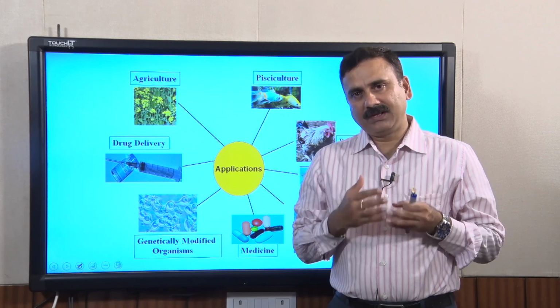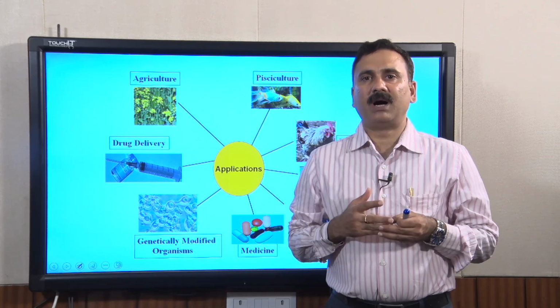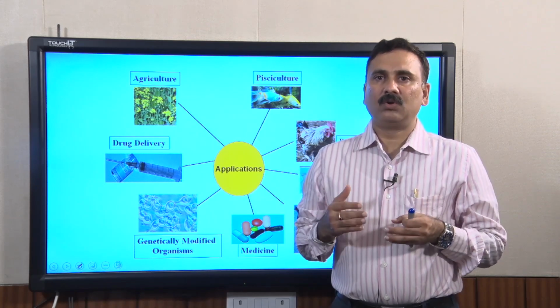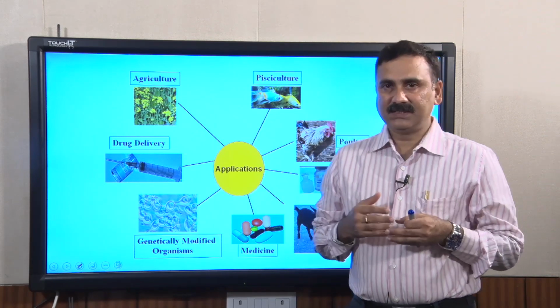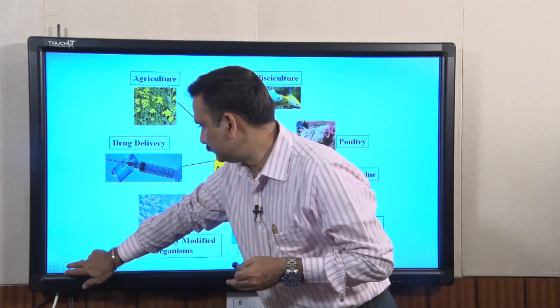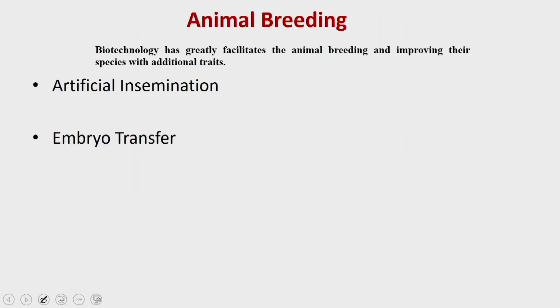Now, in today's lecture we are going to discuss the role of biotechnology in the animal sciences. Within the animal sciences, we are going to discuss the role of biotechnology in animal breeding.